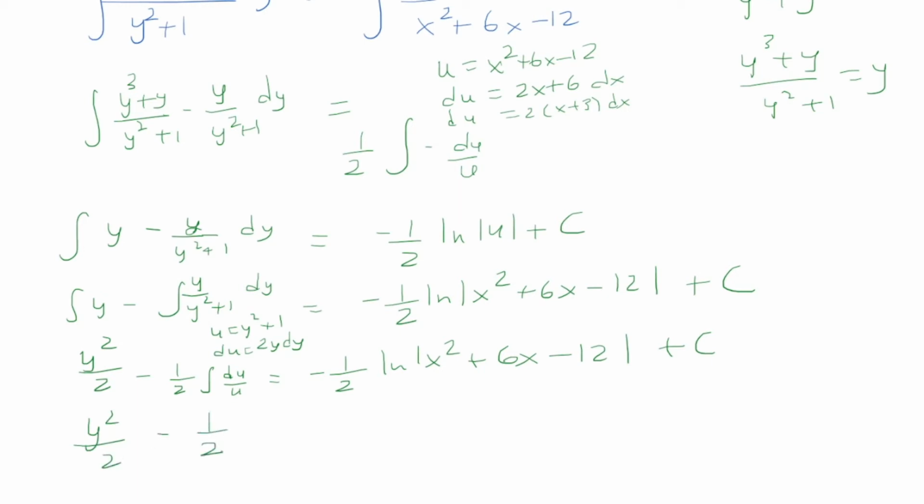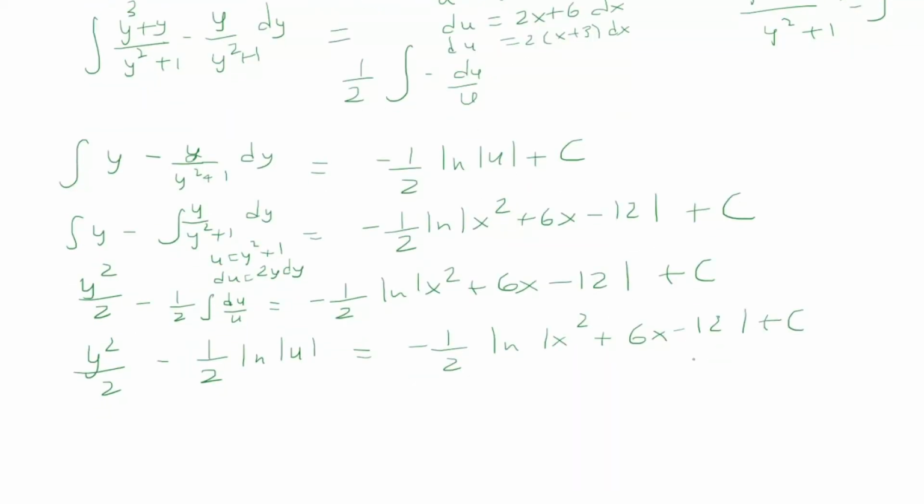So we get negative 1/2 ln of u. And now we can replace the u to be y squared plus 1.